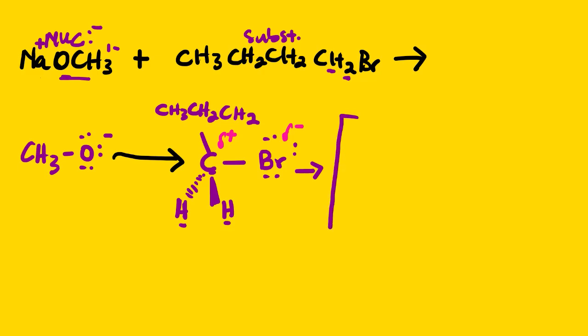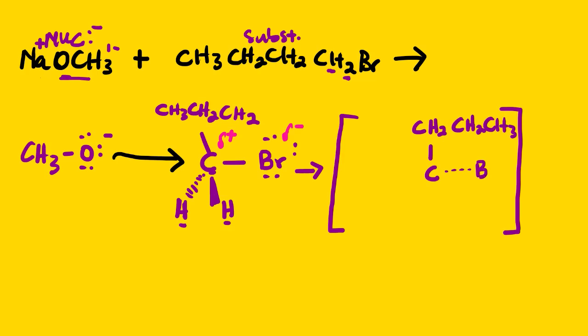We have what we call a transition state. It's that step whereby the leaving group leaves, at the same time the nucleophile bonds with that carbon. This dotted line simply represents the breaking of the bond between the carbon and the leaving group.